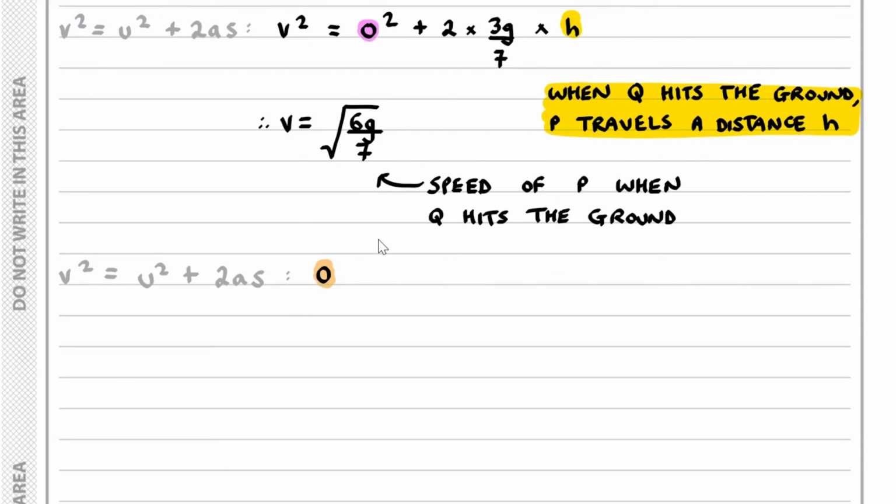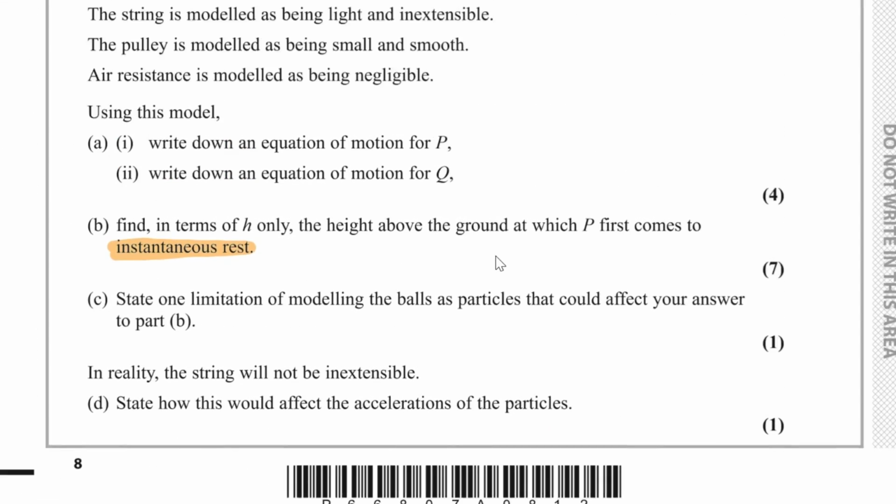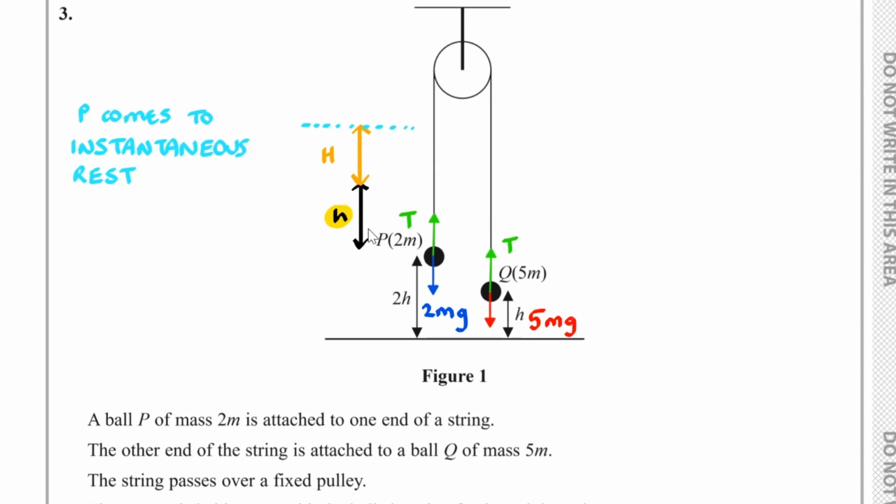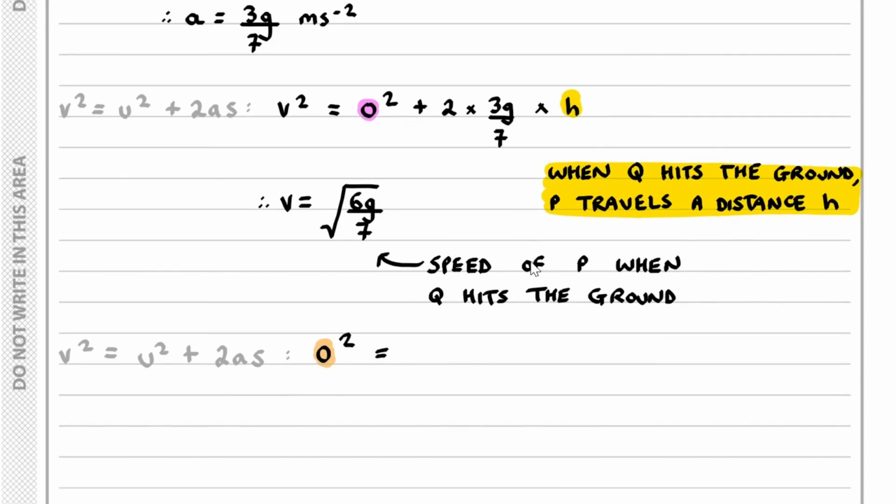So we've got 0 squared, and it starts travelling with a speed of what we just worked out here. When Q hits the ground, it moves with the speed of 6gh over 7. So therefore, we've got 6gh over 7 square rooted, squared, and then we've got gravity opposing it, so we've got minus 2g multiplied by this height, H.